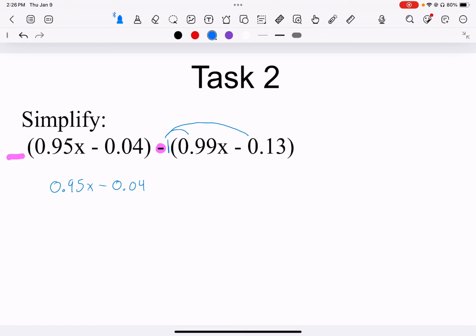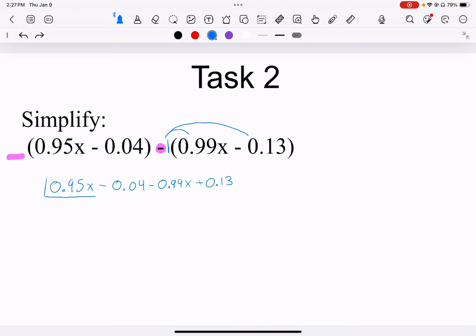Negative 1 times 0.99x is negative 0.99x. Negative 1 times a negative 0.13 is a positive 0.13. Notice how when I was subtracting it, it changed the sign of both terms in my second expression.